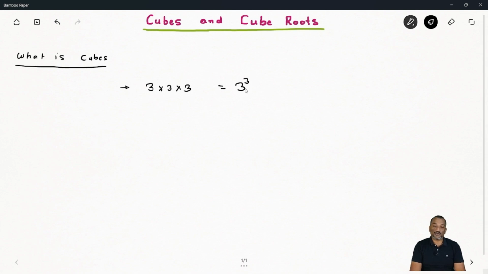Here this is 3 and the power on it is 3, so that is called a cube. Now let us see the answer, how much you will get. 3 times 3 is 9, and 9 times 3 we will get 27.